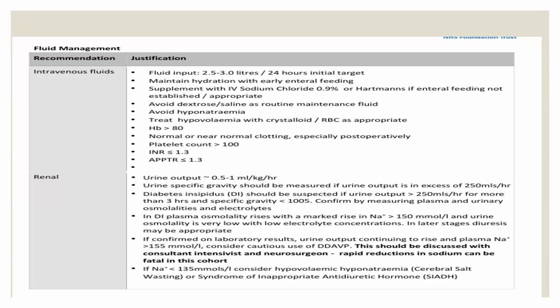In diabetes insipidus, plasma osmolality rises with a marked rise in sodium of more than 150, and urine osmolality is very low with low electrolyte concentration. If confirmed on lab results, with urine output continuing to rise and plasma sodium more than 155, consider a continuous dose of vasopressin. This should be discussed with the consultant intensivist and neurosurgeon.